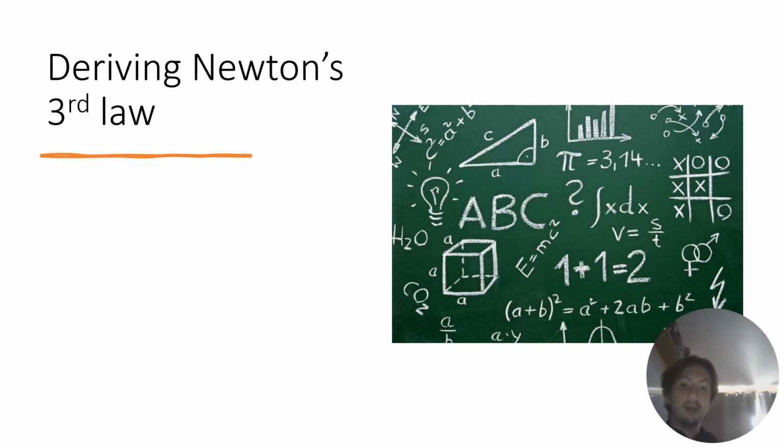So for this, imagine the person is initially standing stationary on the boat, and the boat is stationary. So the initial total momentum of the person and the boat is 0. So we have P total, i.e. the total momentum is 0.